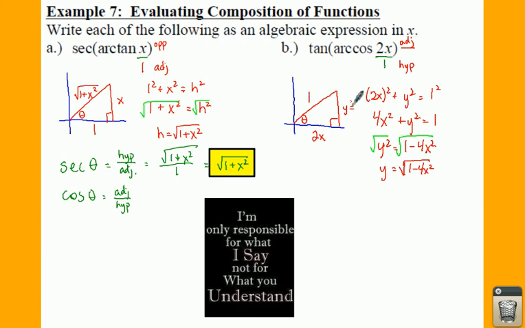So we plug that in for y, and now we need to find the tangent. So your tangent of theta of this picture is your opposite over adjacent, TOA, which is going to give us a radical 1 minus 4x squared all over your adjacent side, which is a 2x.